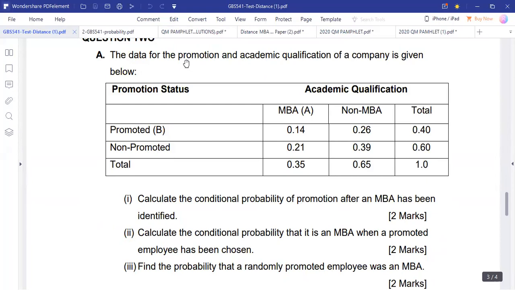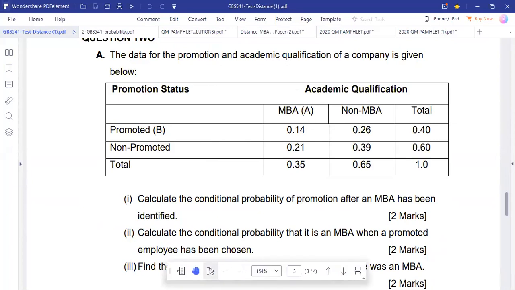Okay, we're given data for promotion and qualification. So the status and academic qualification. So we're given the totals already there. I want you to try, please be objective.